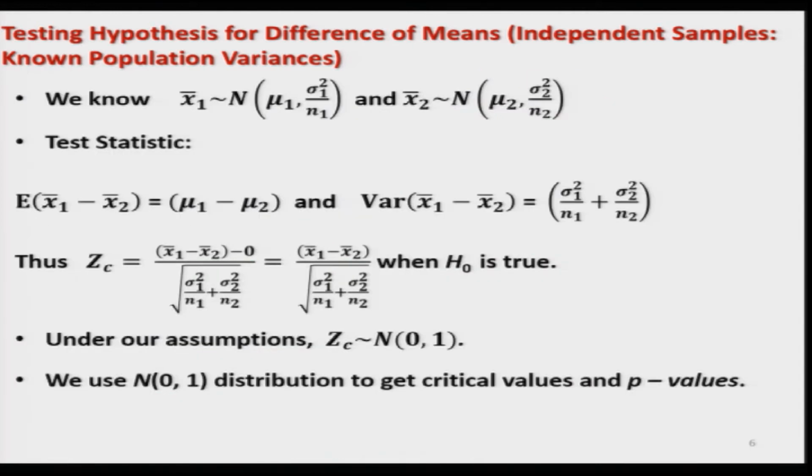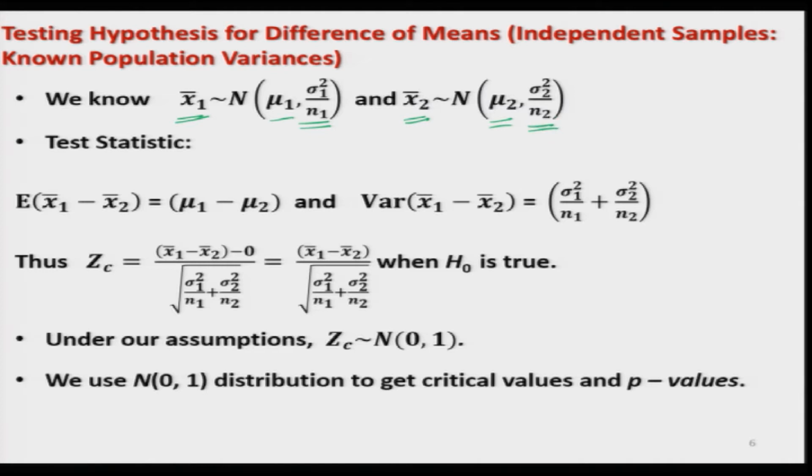So now we know that we have drawn a sample from a normal population. So I can write down here that the distribution of sample mean 1 is going to be normal with mean mu1 and variance sigma 1 square upon n1, and sample mean 2 has a normal distribution with mean mu2 and variance sigma 2 square upon n2. Right.